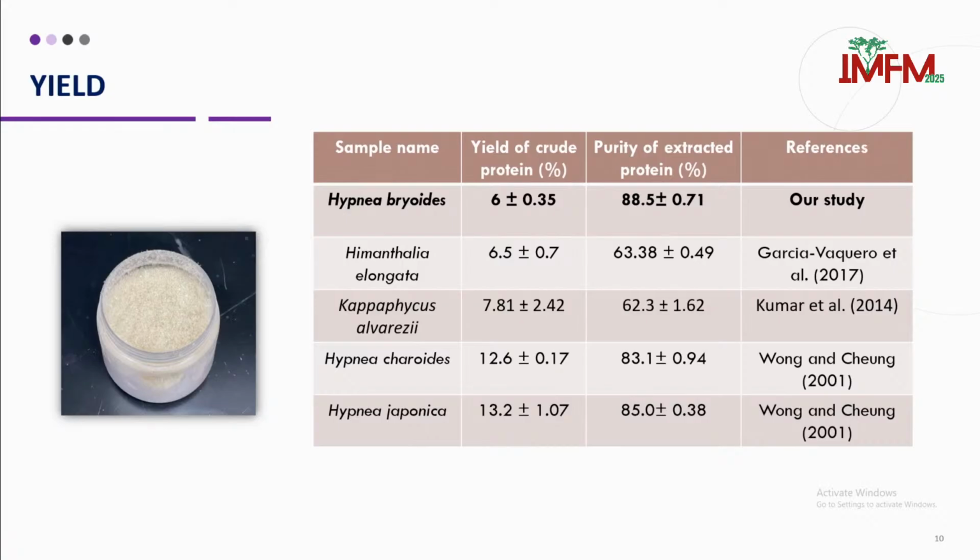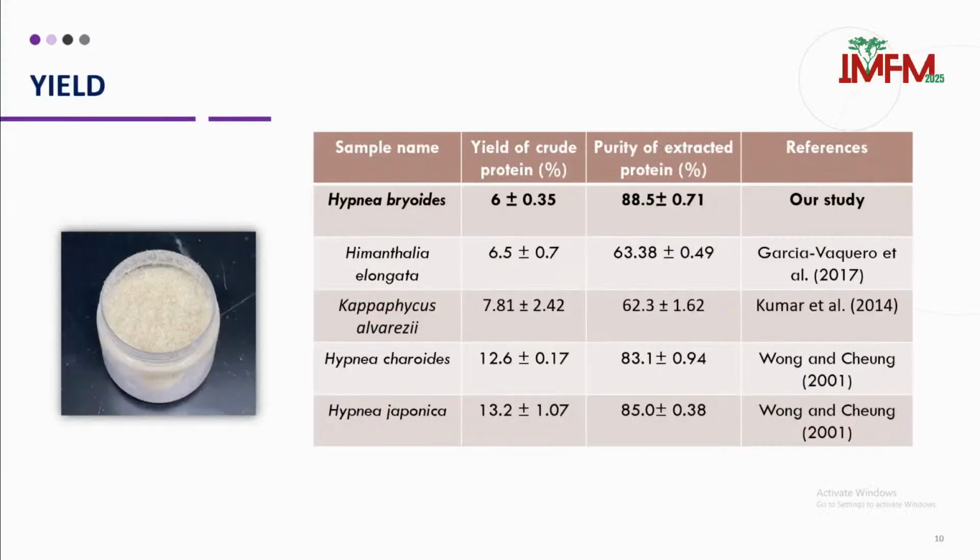But if you look at the published data from other seaweeds, you will see that the percentage is not that high, actually. For other plants, for example, Hemithelia elongata, it is around a similar percentage, and others a little higher, and Hibenia japonica is around 13%.